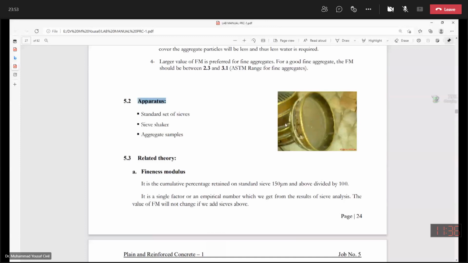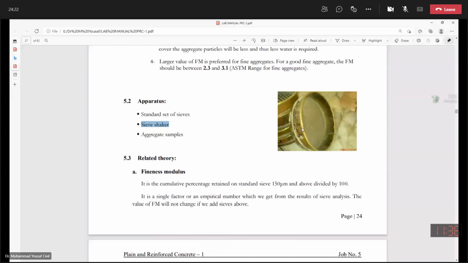So a standard set of sieves, and then a sieve shaker if you are doing the gradation procedure mechanically, and then the aggregate sample. This aggregate sample will be almost 300 grams. The material should be oven dried, free from moisture on the surface.